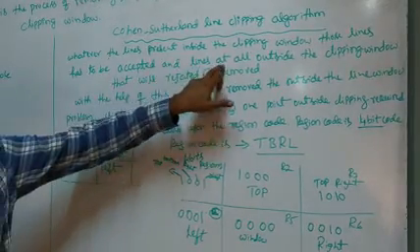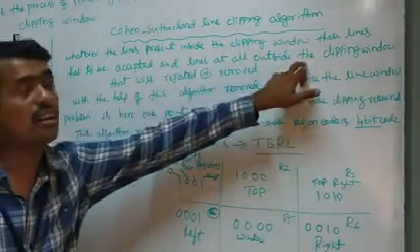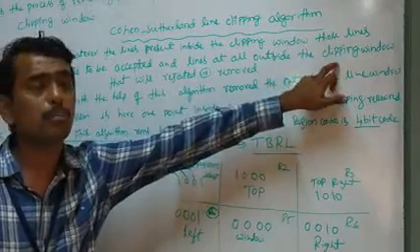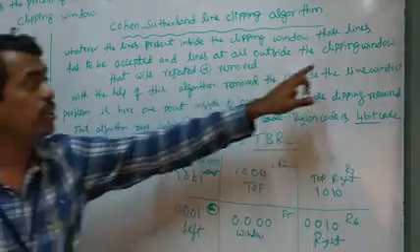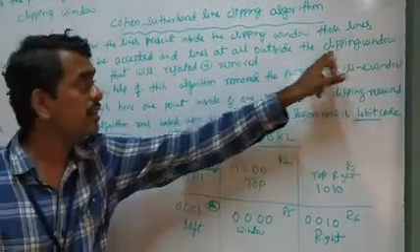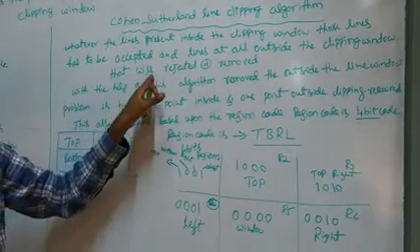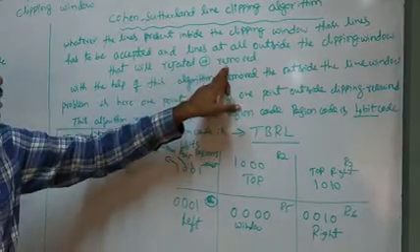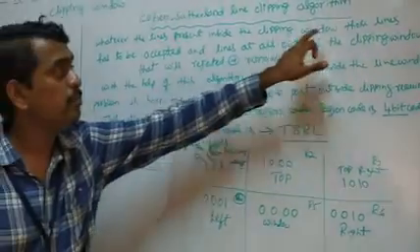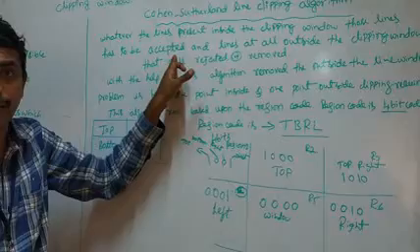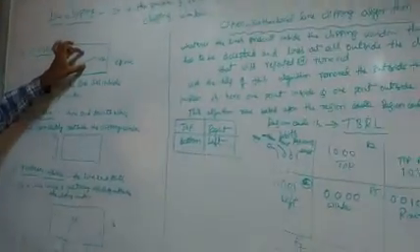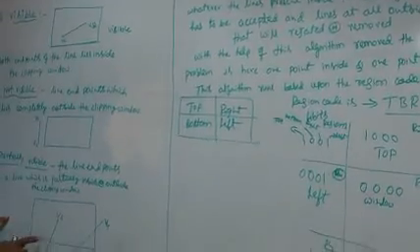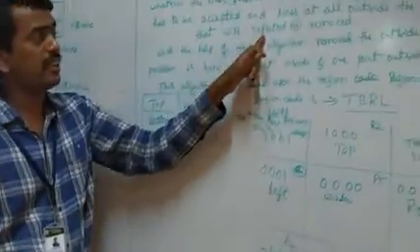And lines that are completely outside the clipping window will be rejected or removed. It is very important: inside the window is accepted, outside is rejected or removed.